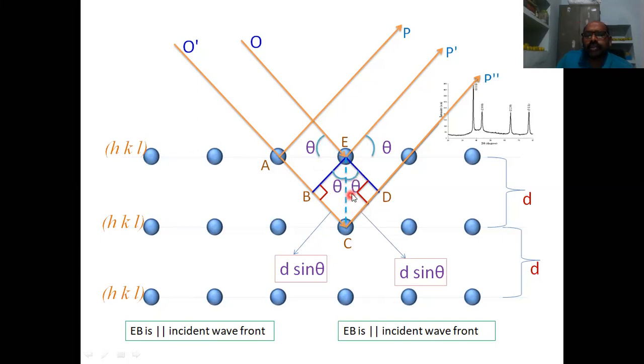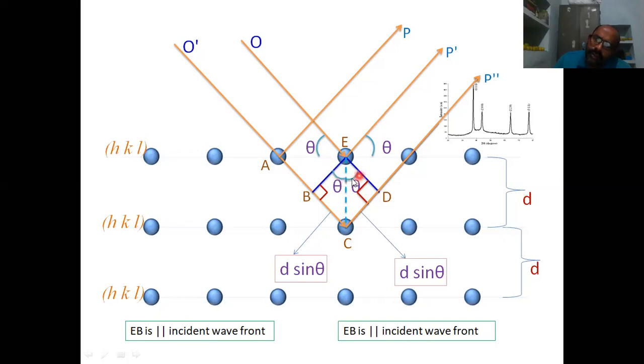Totally it is 2 pi, and 1 pi is there, so pi minus theta. So this angle is pi minus theta. Sorry, totally it is pi, and this angle is theta, and it is pi by 2.